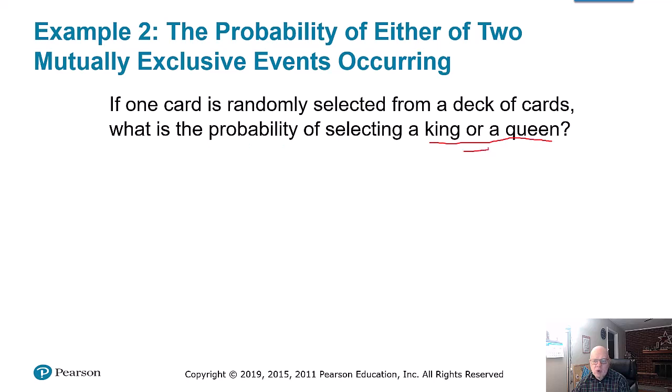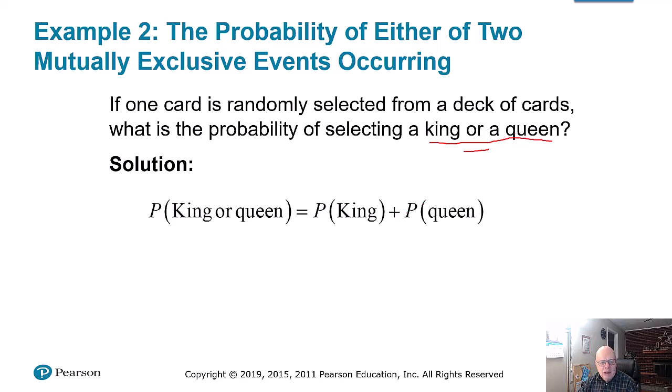Key here is or. And the other key is, can they happen at the same time? If you pick 1 card, can it be a queen and a king? No. That might seem obvious to you, I hope. So they're mutually exclusive events. So all you need to do is get the probability of getting a king, add it to the probability of getting a queen, and you got your result.